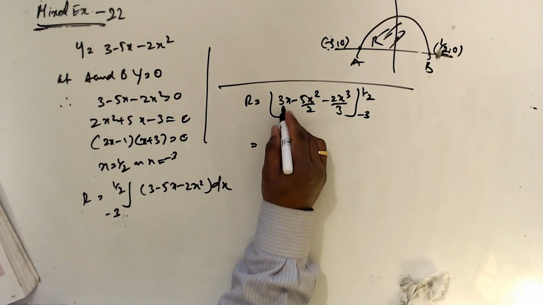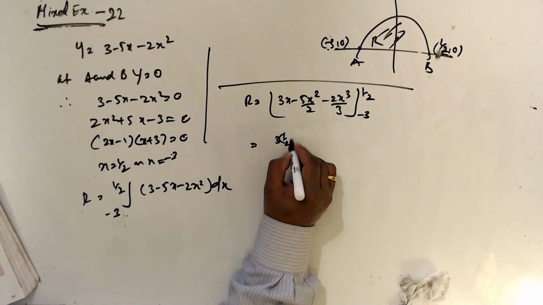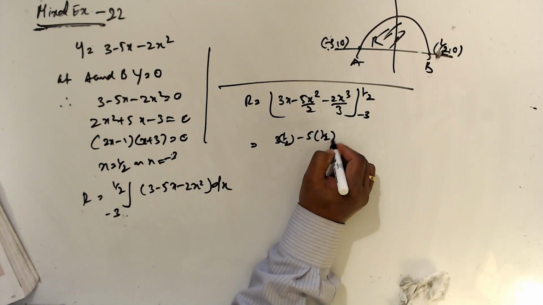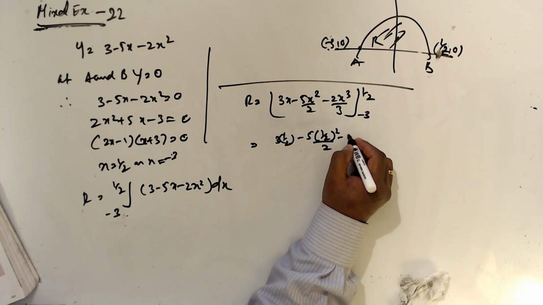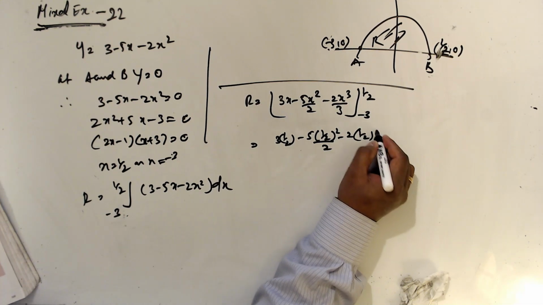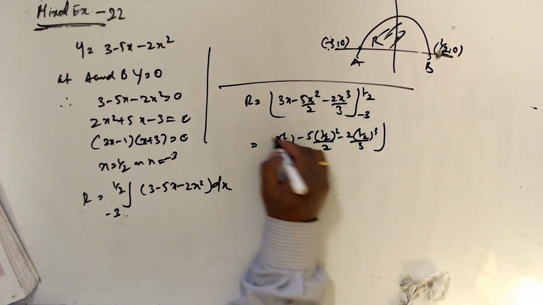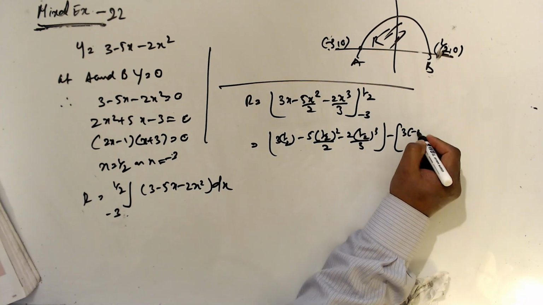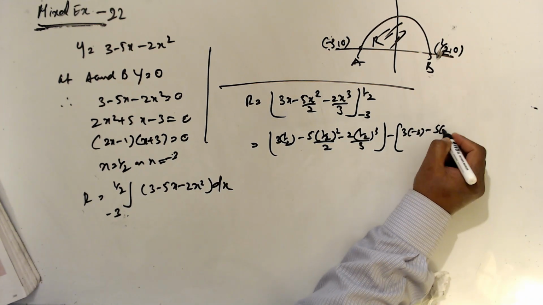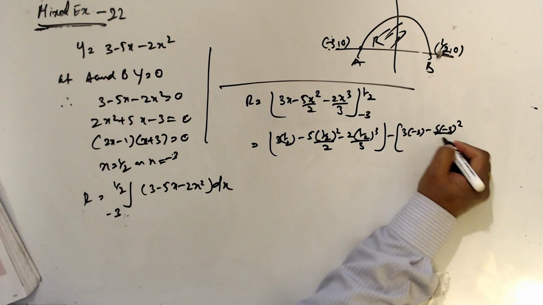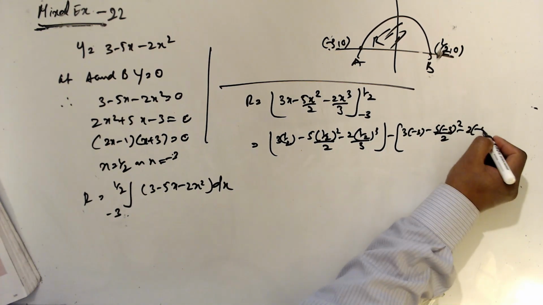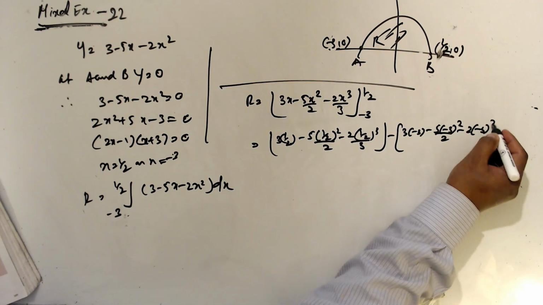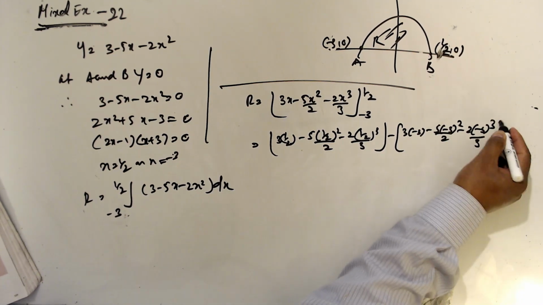So then we'll apply half first. 3 half minus 5 half squared over 2 minus 2 half cubed over 3, minus, minus 3 times 3, minus 5 minus 3 squared over 2, minus 2 minus 3 cubed over 3.